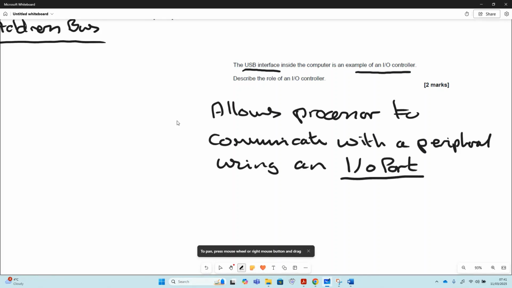So that bit's really important that we say I/O port. So an I/O port is essentially just the bit of hardware that you're plugging something into. So you're plugging a device into the input-output port, and that allows communication, and it translates signals basically.